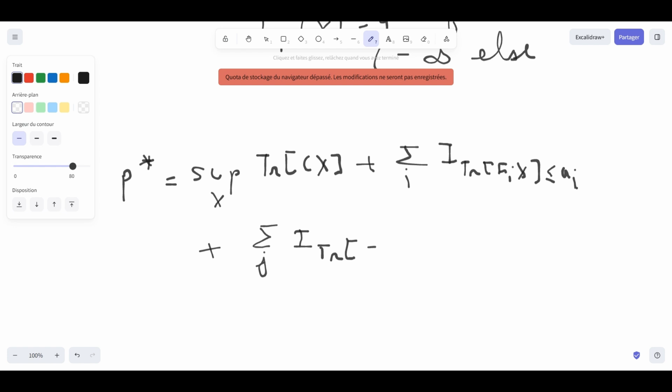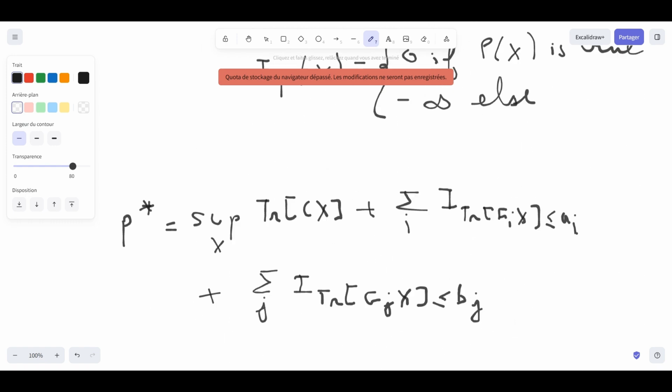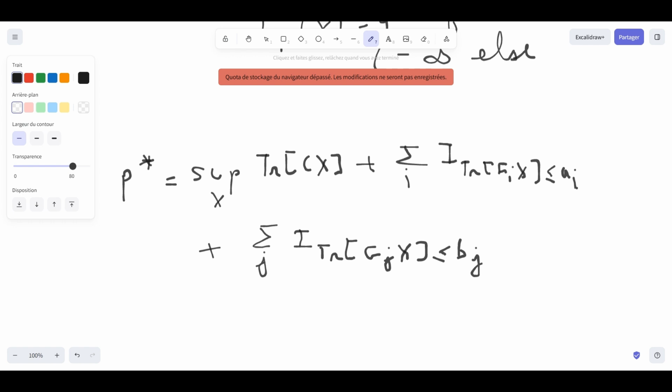I recommend you really follow this procedure at the beginning. After, you can skip the steps of indicator functions, but it seems it's not easy for everyone at first, so even if it can be for you, it's better to follow the procedure.